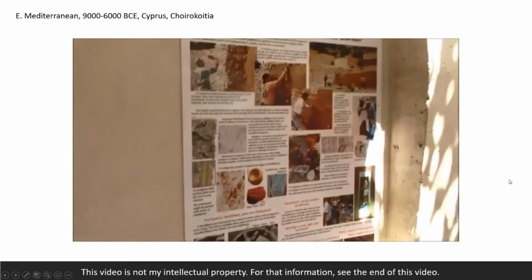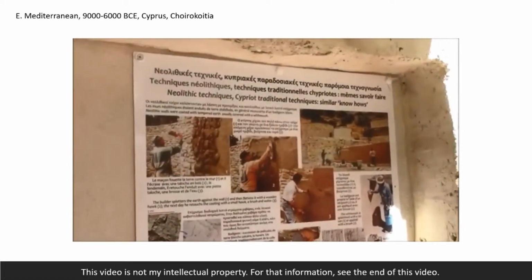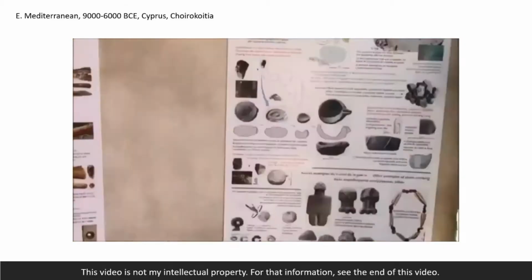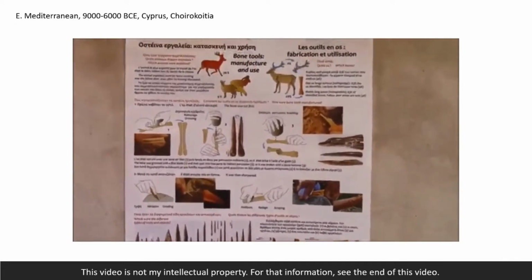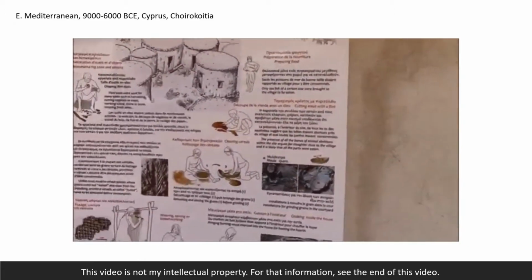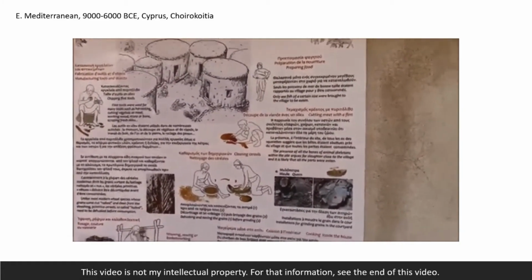We also know from the skeletons that most of the people were really short: the men about 5'3", the women about 4'11". And based on their bones and the tests, they lived to a median age of about 35 years old.